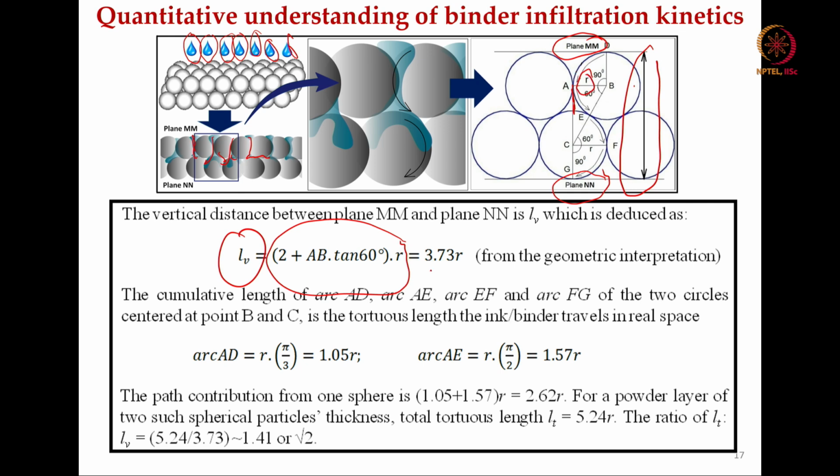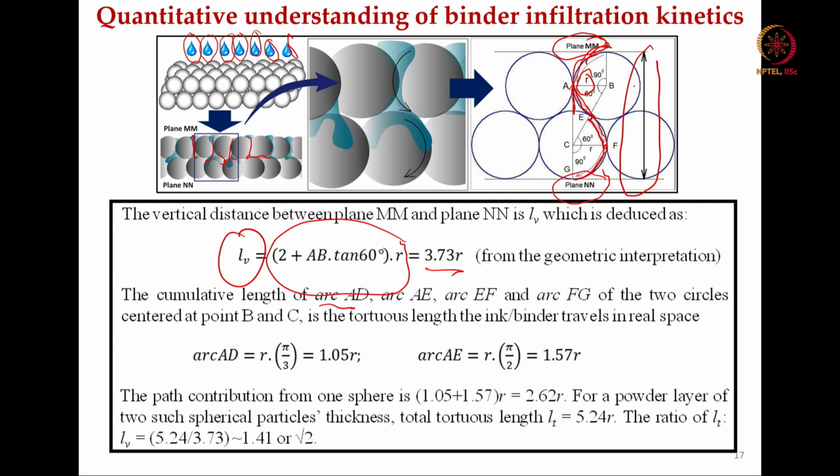So from this expression it is 3.73 R, and then the cumulative length of arc AD, and cumulative length of arc AE, and then also arc EF, and then arc FG. So, essentially this path, the way I have been traversing.